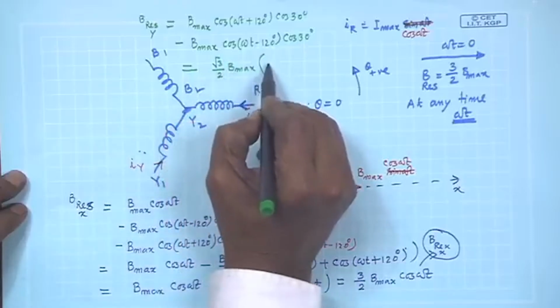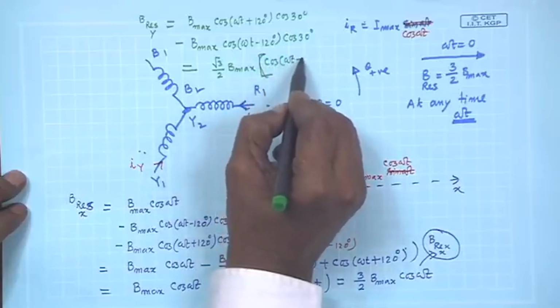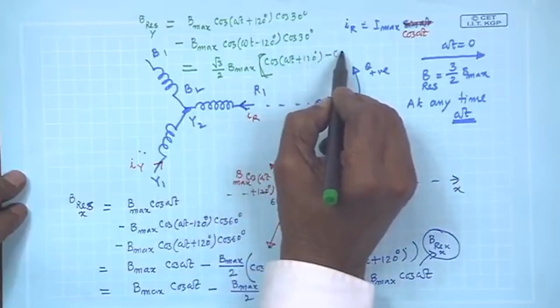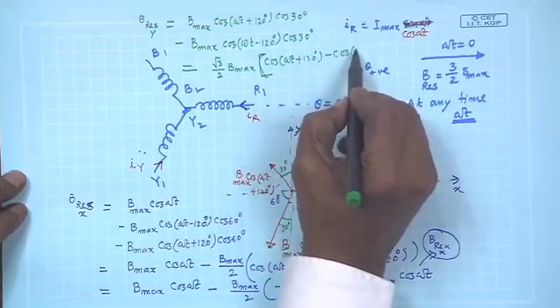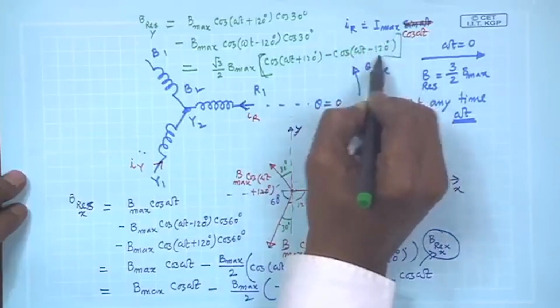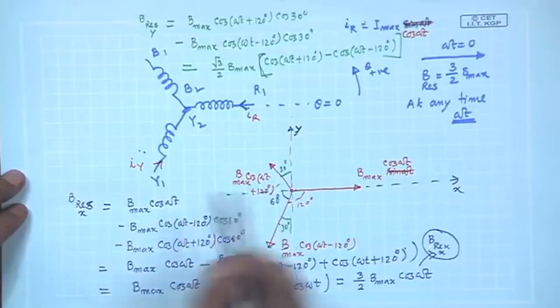and you will be left with cosine omega t plus 120 minus cosine, is it correct now, omega t minus 120. Hopefully, no mistake anywhere, resultant of this one.